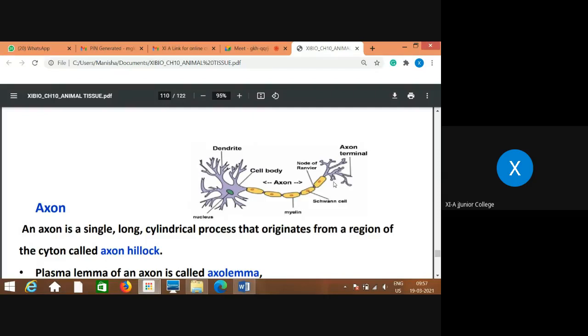Now, what are these points which form a pairing with the dendrites of the neighboring neuron? Here in the telodendron part, the knobs get paired or attached with the dendrite part of the neighboring neuron. When these knobs form a complex with the dendrites of the neighboring neuron, then the impulses are transmitted.